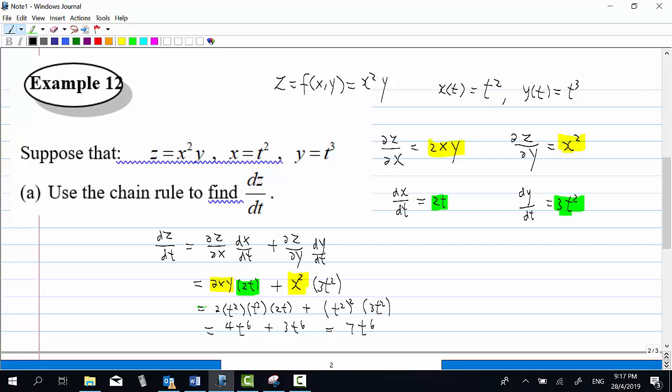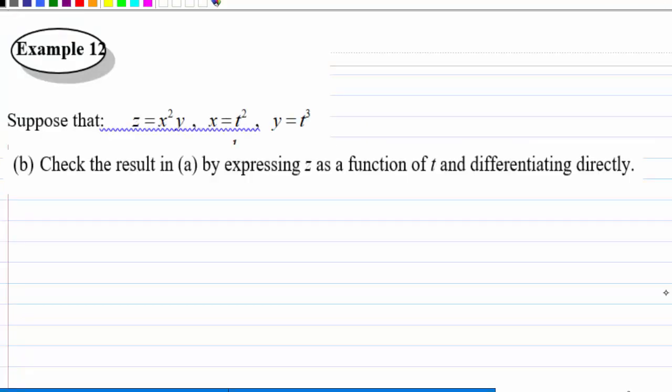You get 7t to the power 6. This is part A. For part B, we are going to check the result in part A by expressing z as a function of t and differentiating directly. So first of all, z is x squared times y, but we know that x is t squared, so t squared squared, and y is t cubed.